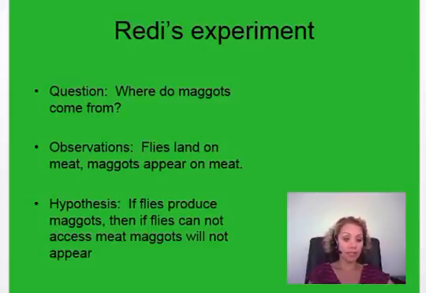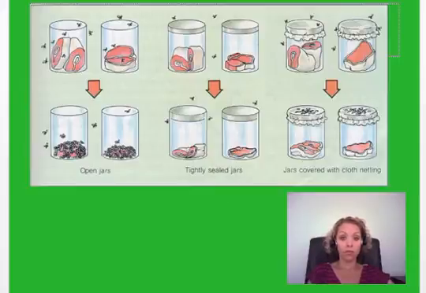So he sets up a controlled experiment. Let's focus first at the top. He's got 3 sets of jars. The first set are completely open jars with no lids. The second set are tightly sealed with lids, and the third set have a netting or a cloth covering, kind of like a cheesecloth.